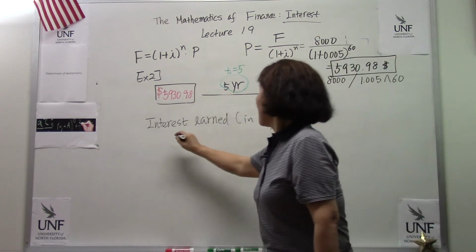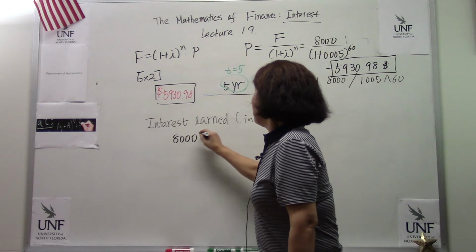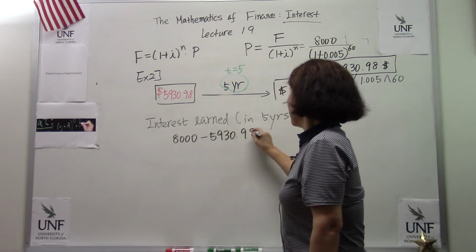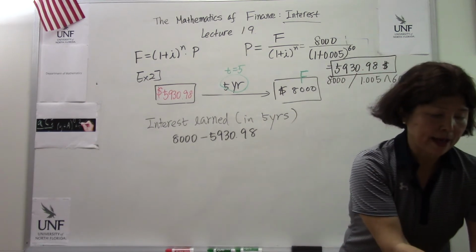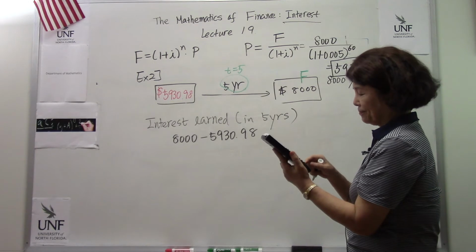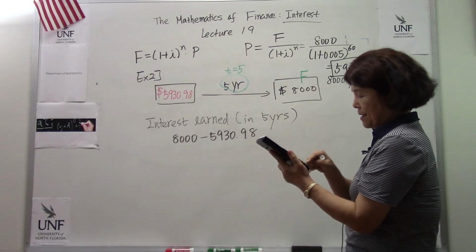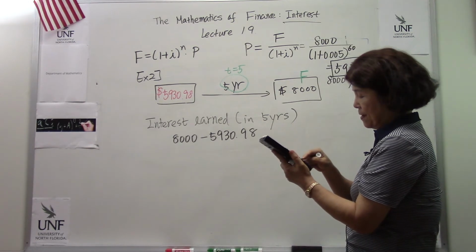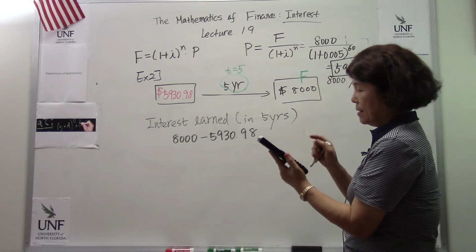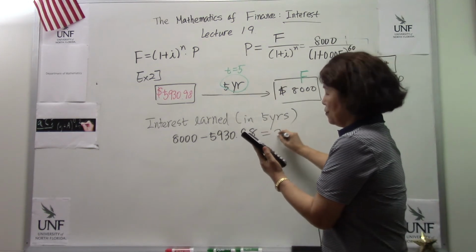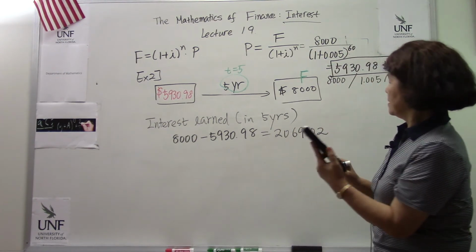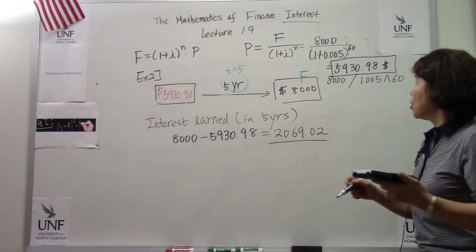So 8,000 minus $5,930.98. How much is that? 8,000 subtract 5,930.98. That is $2,069.02. This much you are going to earn.